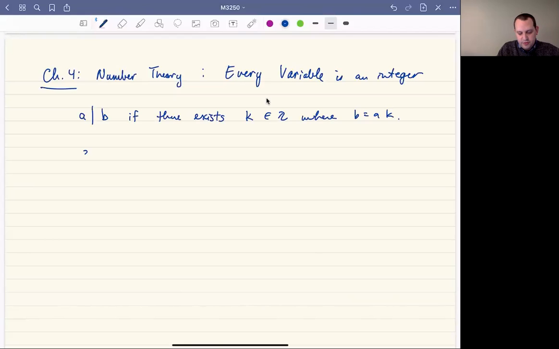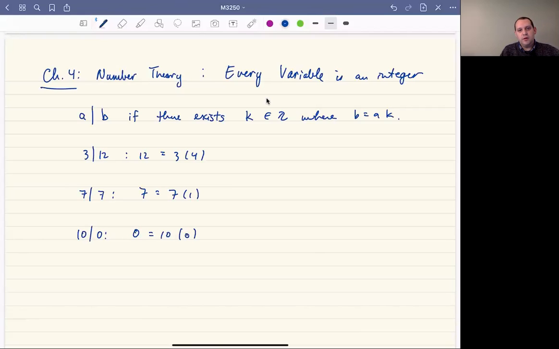For example, 3 divides 12 because 12 is equal to 3 times some integer. 7 divides 7 because 7 is equal to 7 times some integer. Everything divides 0. So 10 divides 0 because 0 is equal to 10 times some integer.